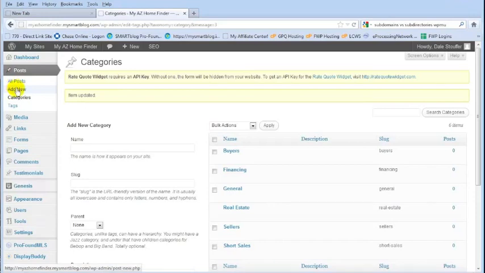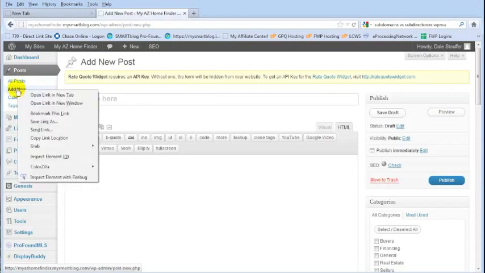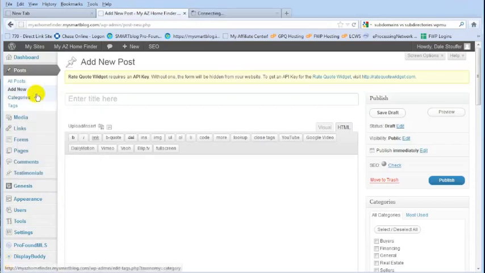So I am going to open up a new blog. By the way, lots of times when I'm moving around WordPress inside a dashboard, I multitask a lot when I'm working in here. So if you right-click on a tab and open a link in a new tab, you can actually have multiple pages inside your dashboard open.